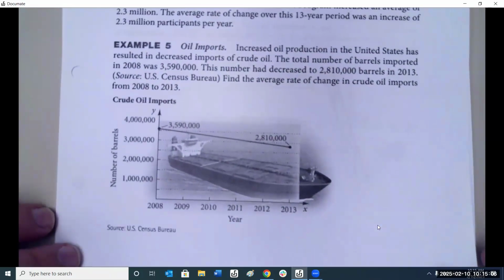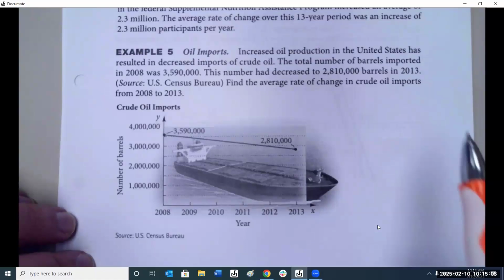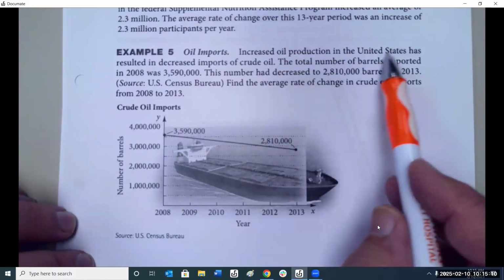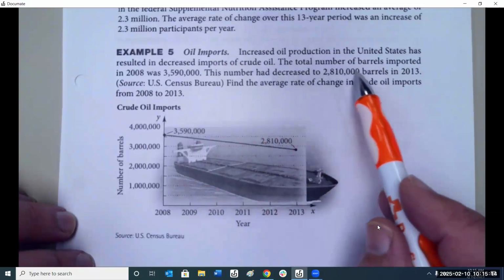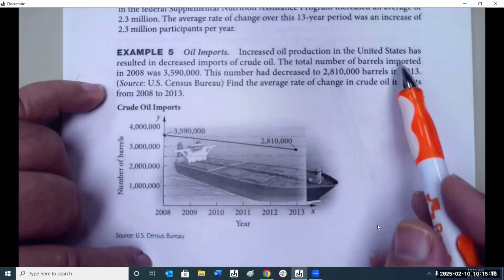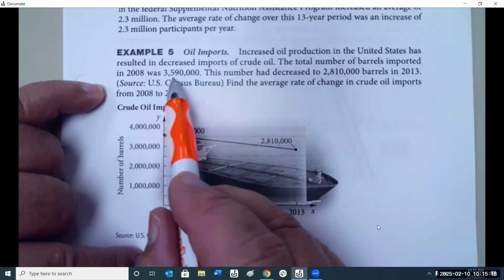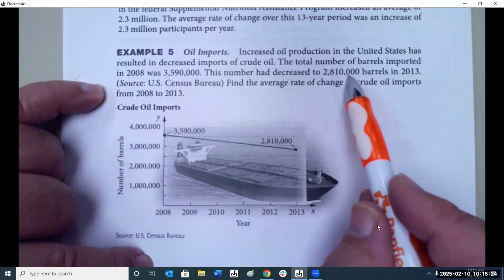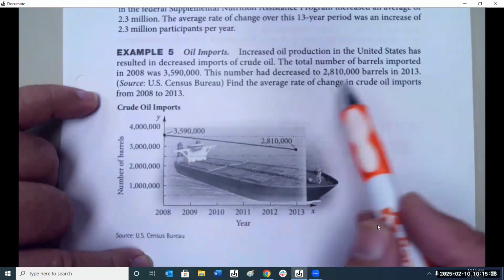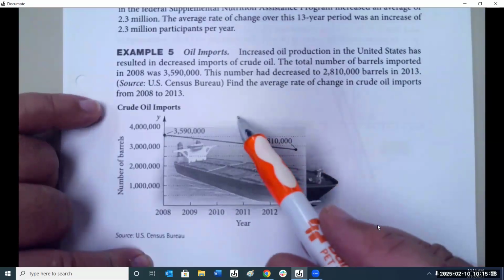Let's look at oil imports. Increased oil production in the United States has resulted in decreased imports of crude oil. The total number of barrels imported in 2008 was 3,590,000. The number decreased to 2,810,000 barrels in 2013. Find the average rate of change of crude oil imports.